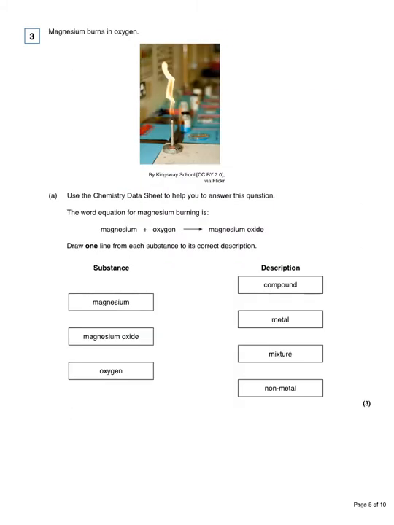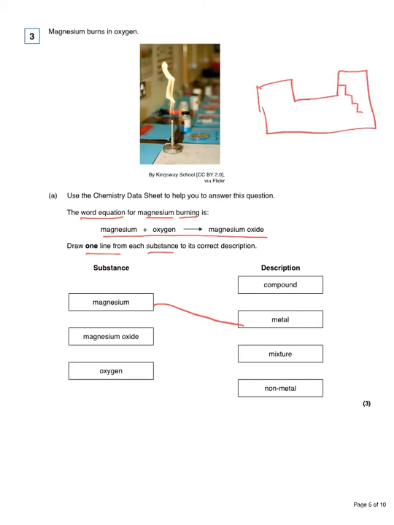Next up, we've got a word equation for magnesium burning. So magnesium add oxygen makes magnesium oxide. Draw one line from each substance. So magnesium. Well, magnesium is a metal. If you look at the periodic table, here's your staircase. So all of these are metals.